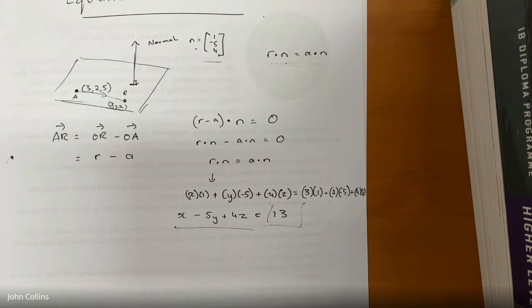So therefore, the vector product gives us... No, that's not therefore. Why have I made that note? Oh yeah, so you can work backwards and get the normal vector if you have enough information here.